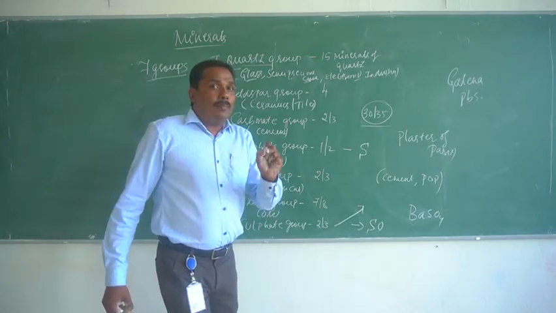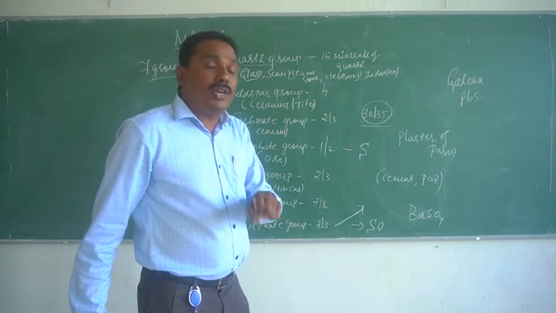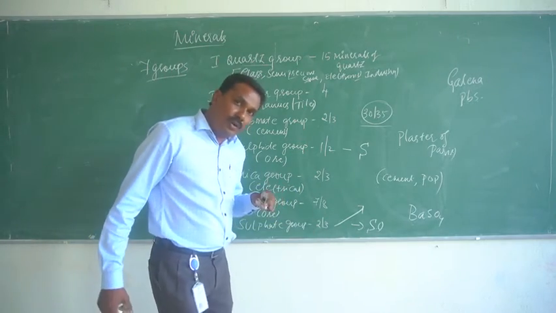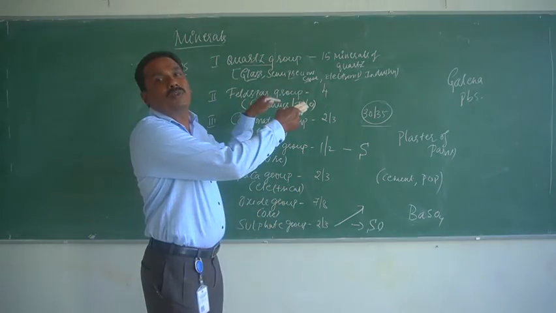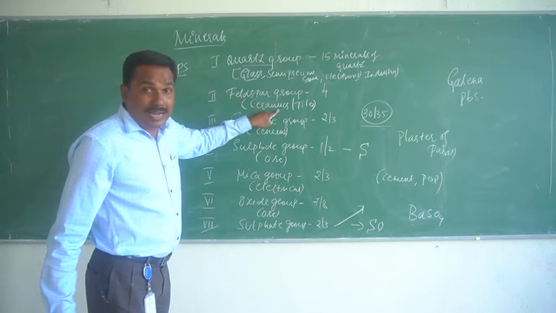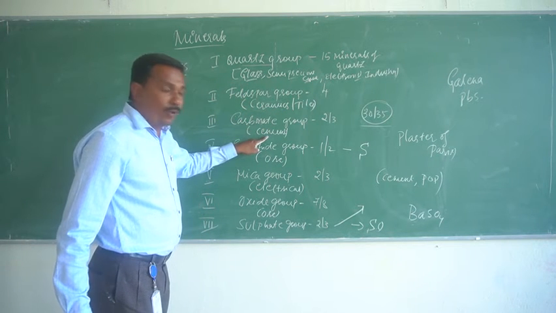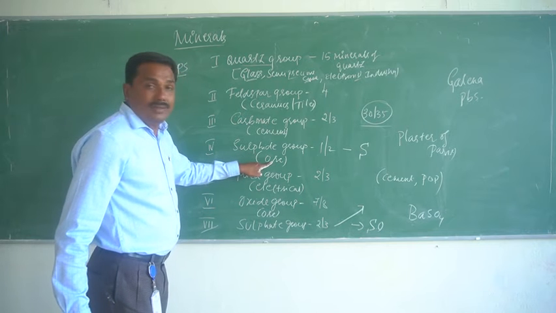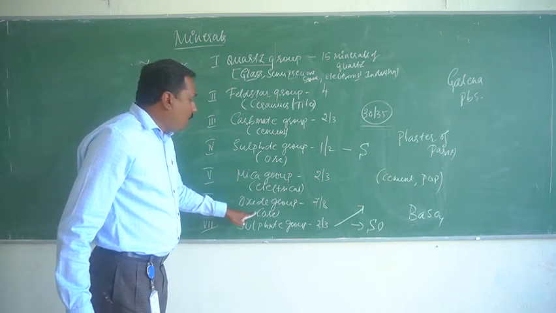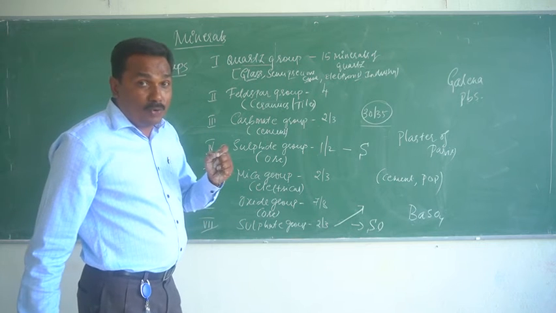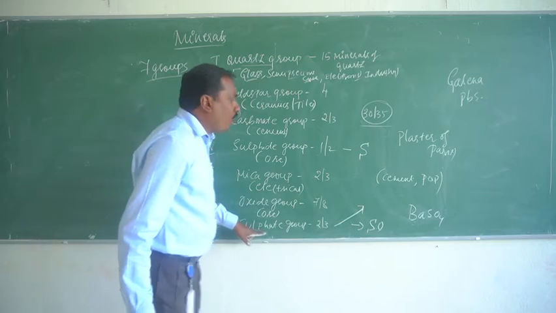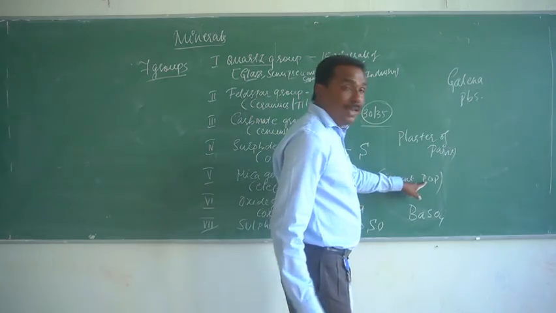Here, all the mineral groups are highly essential. Whatever the civil engineering works, the construction work that is going on, the raw products all get from minerals. Quartz gives glass, feldspar gives ceramics or tiles, carbonate's raw product is cement, sulfide is the ore, mica is used as an electrical insulator, oxide ore gives iron, chromium, manganese or whatever it might be, sulfate again is cement or plaster of Paris.